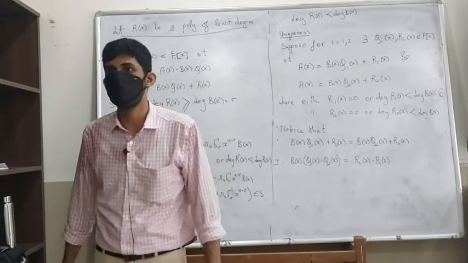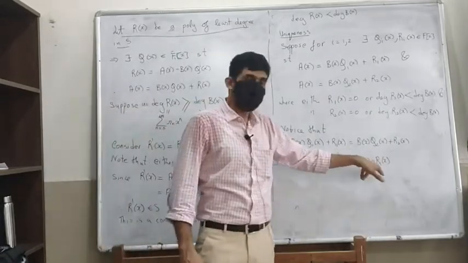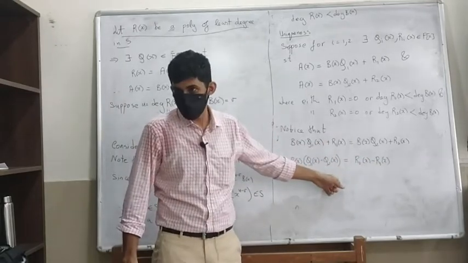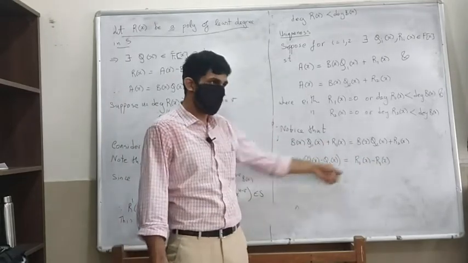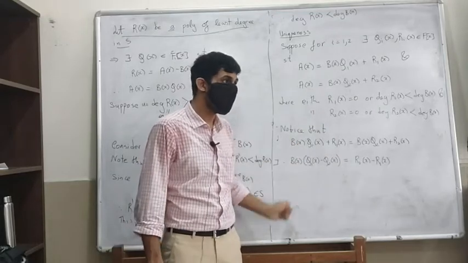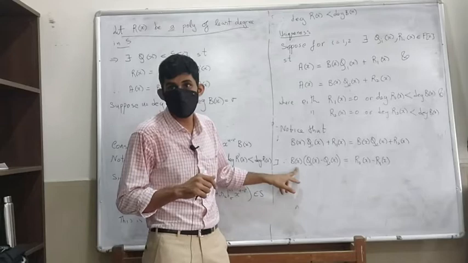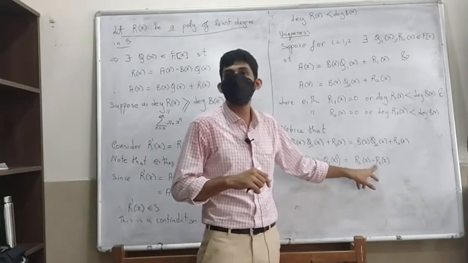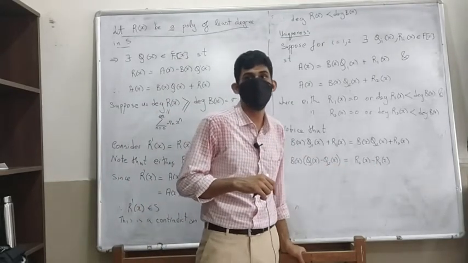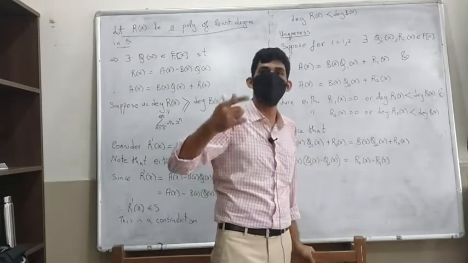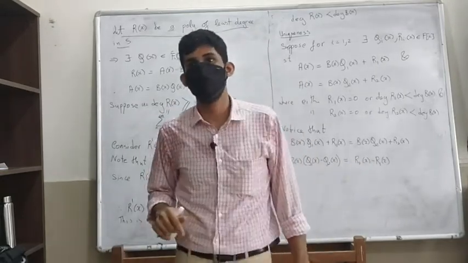That's the contradiction. If we assume that Q1 is not equal to Q2, the degree on the left hand side will be at least the degree of B of x, and the degree on the right hand side is going to be in fact at most the degree of B of x minus 1, right?